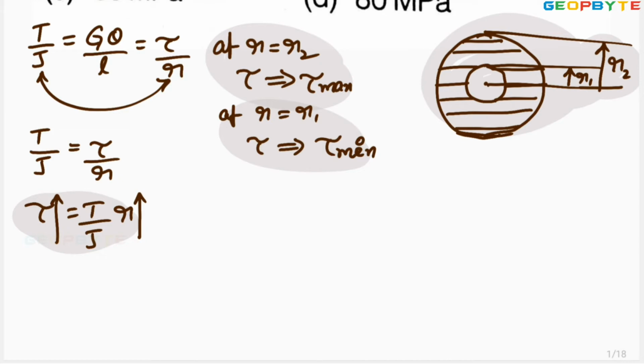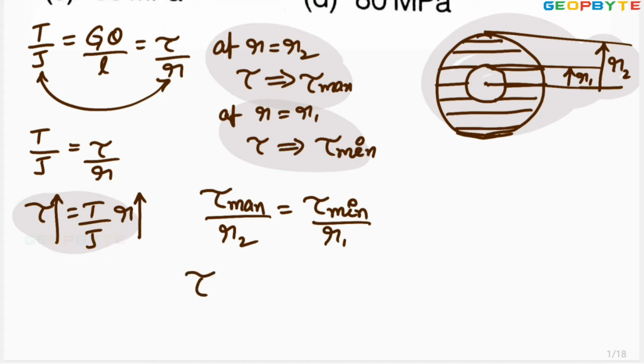Then I can write: maximum shear stress by the outer radius R2 equals minimum shear stress by the inner radius R1. From this, the minimum shear stress, which he is asking, equals maximum shear stress divided by R2 into R1.